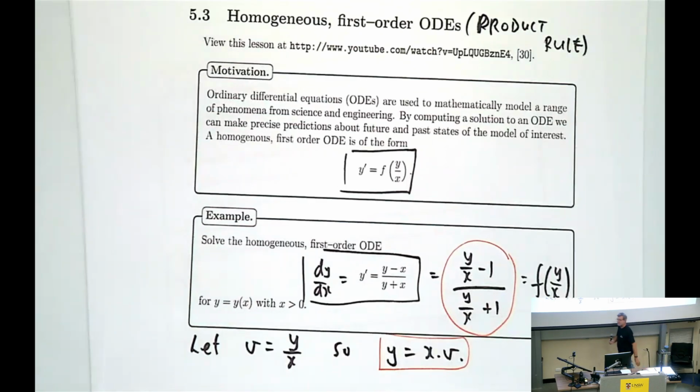Now I'm going to set up a differential equation for this v function. How do I differentiate this bottom bit? Product rule. v is unknown. If we knew what v is, we'd know what y is, but we don't. So what I'm going to try to do is form a derivative for y and turn my original problem into something involving dv/dx.